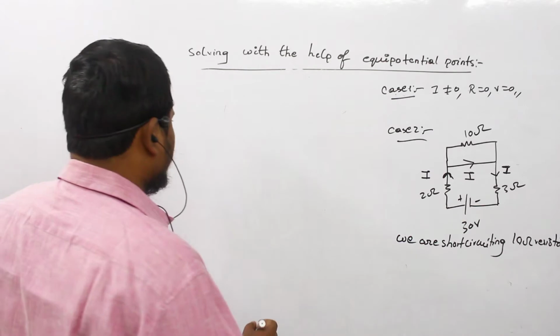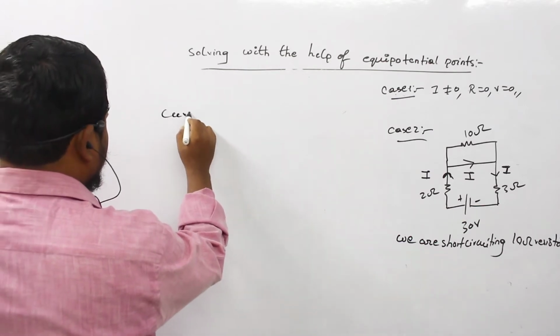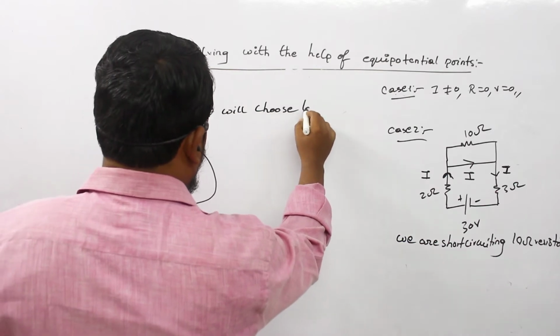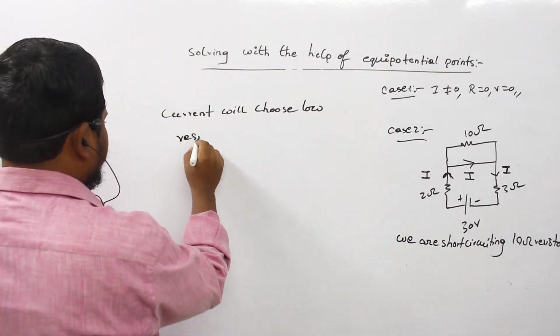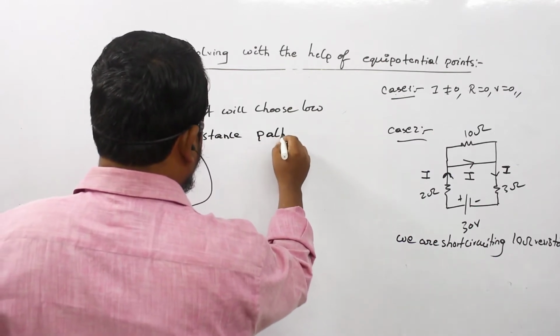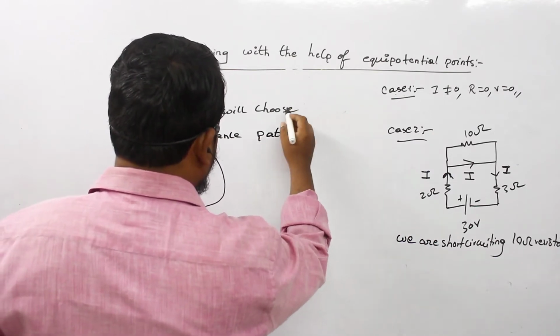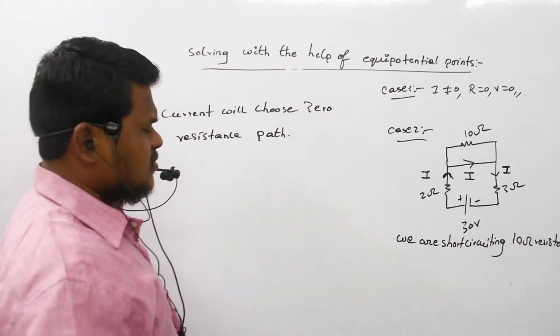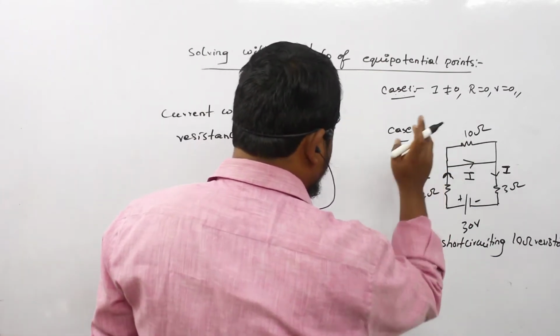So what will current do? Current will choose the low resistance path, or you can say current will choose the zero resistance path. So there is absolutely no use of this resistor.